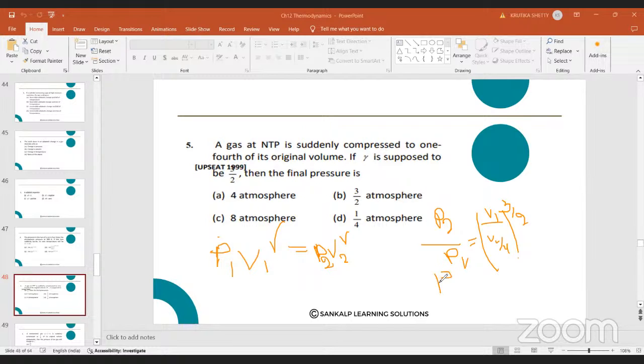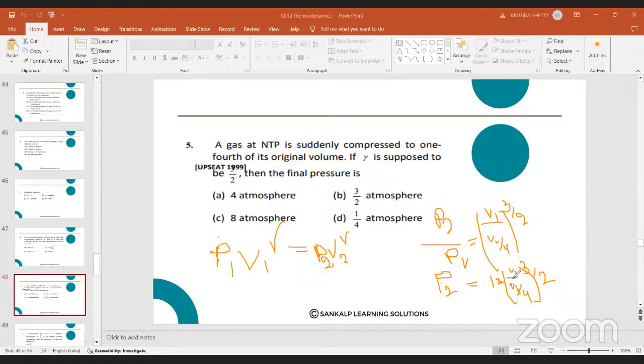Therefore P2 is equal to 1 into V1 divided by V1 by 4 to the power of 3 by 2.